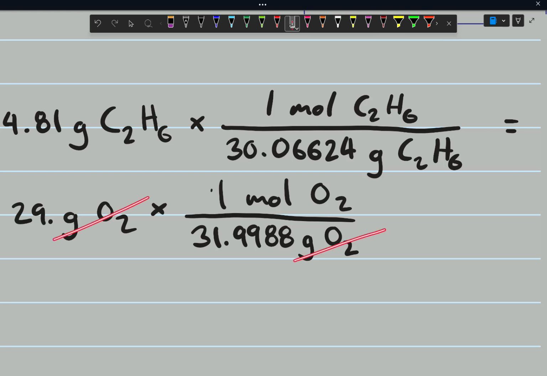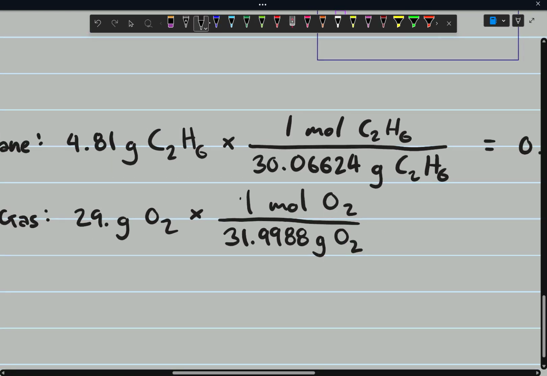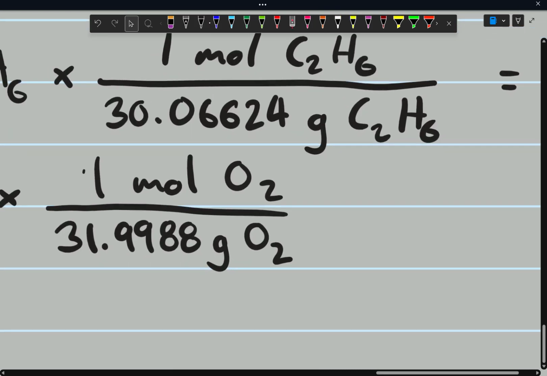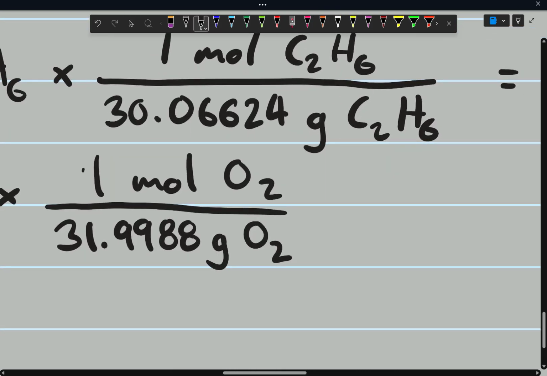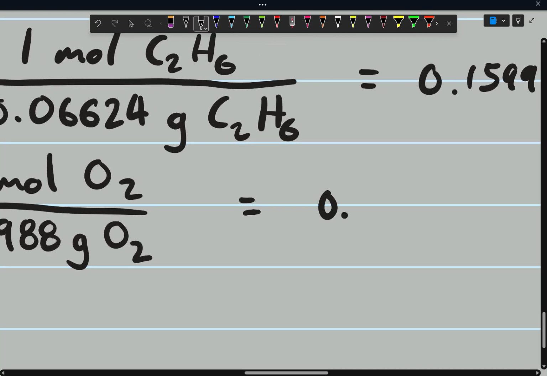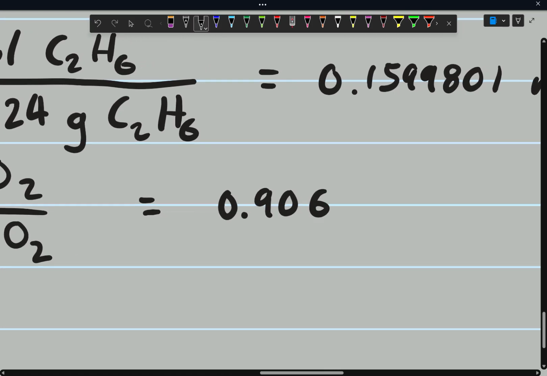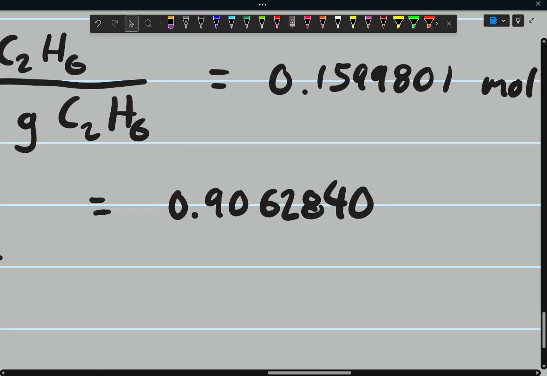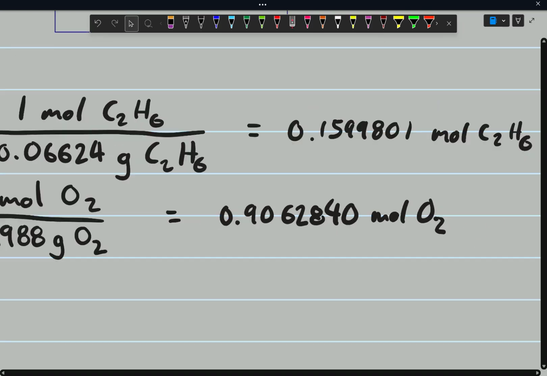Grams of oxygen cancel, leaving you with 29 divided by 31.9988. And if you plug that into your calculator, you get 0.9062804, or 0.906, sorry, moles of O2.